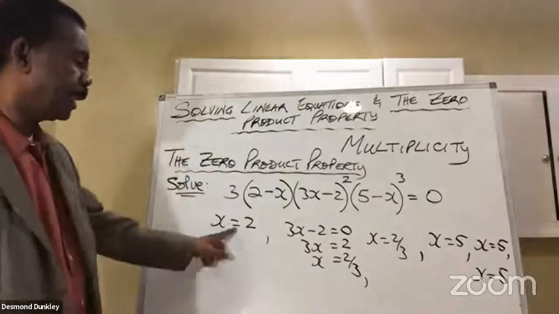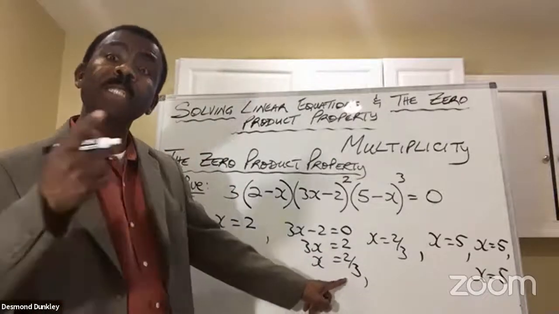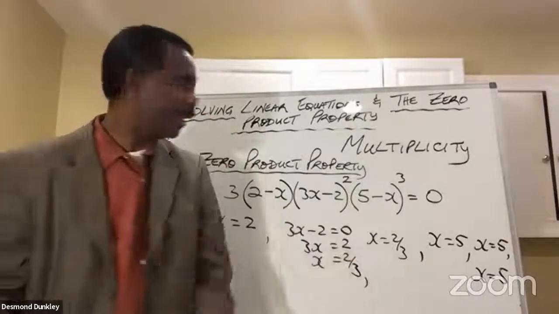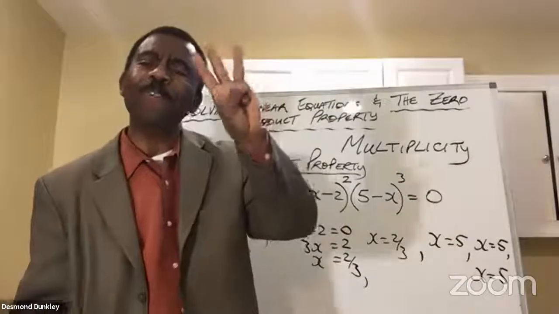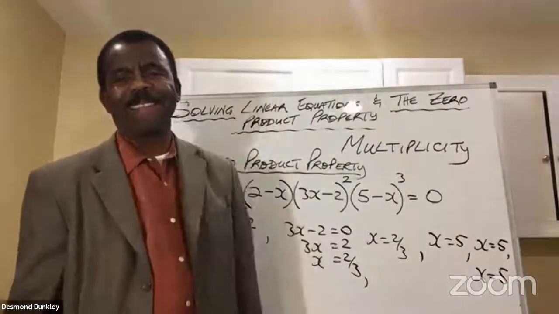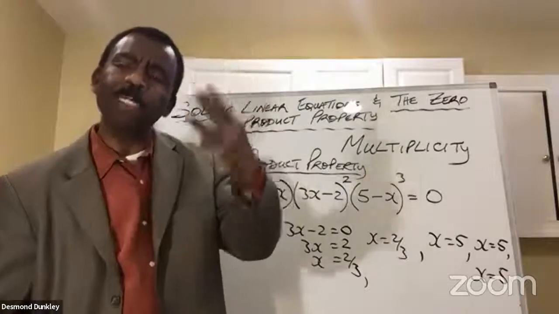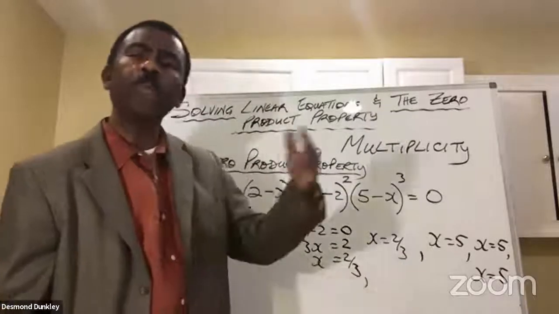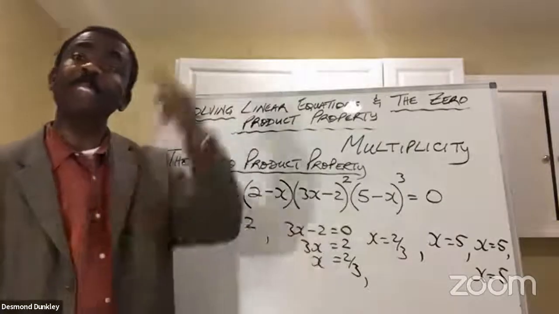You would say x is equal to 2, x is equal to 2 over 3 with multiplicity of 2. x is equal to 5 with multiplicity of 3. So you mention the word multiplicity and you give the number of repetitions.